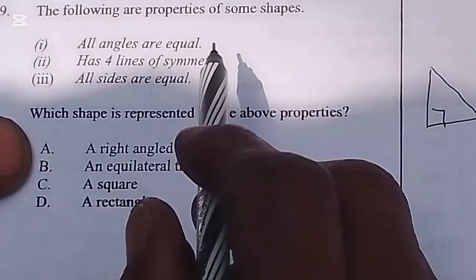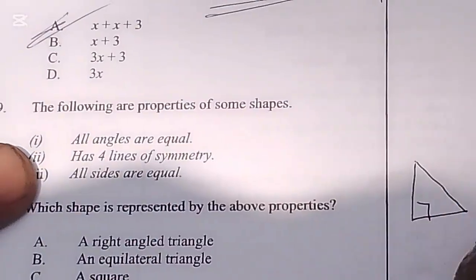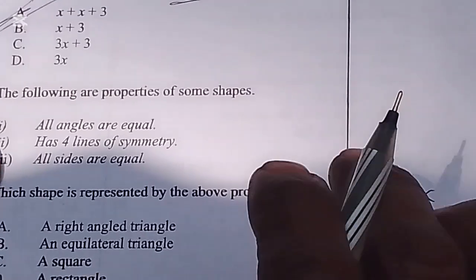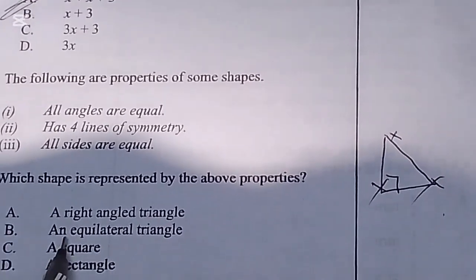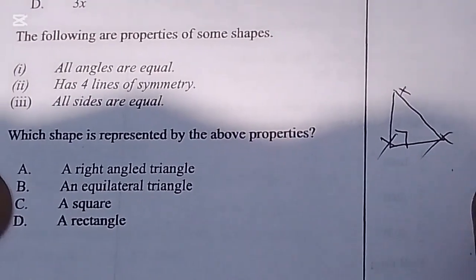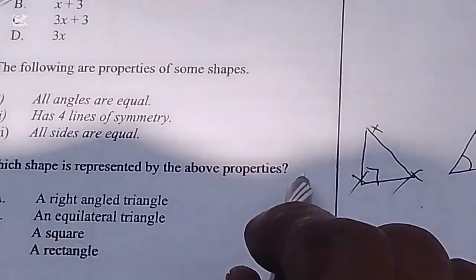The angles are not equal. All the angles of a right-angled triangle are not equal. An equilateral triangle looks like that. 60, 60, 60. All angles are equal. That is one.